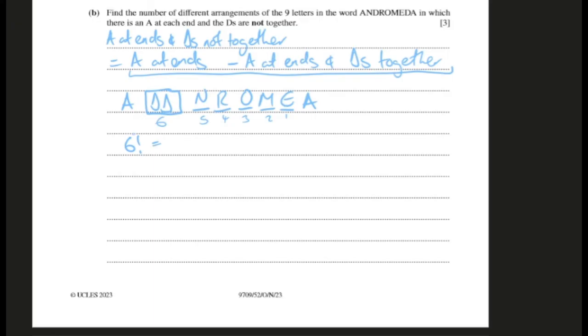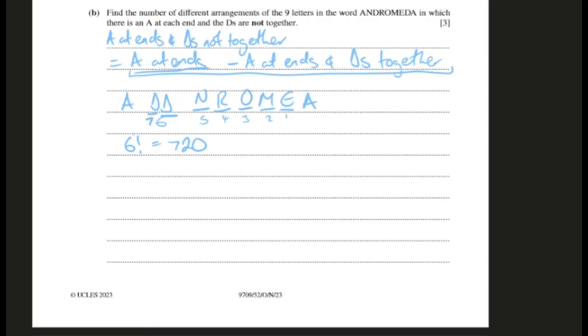Now let's find the number of arrangements where the A's are at the ends and there are no other restrictions. So this would look like this. This would now be D and D. We're now rearranging 7 items. So that's 7 factorial, and then the D's appear 2 times, so we divide by 2 factorial.